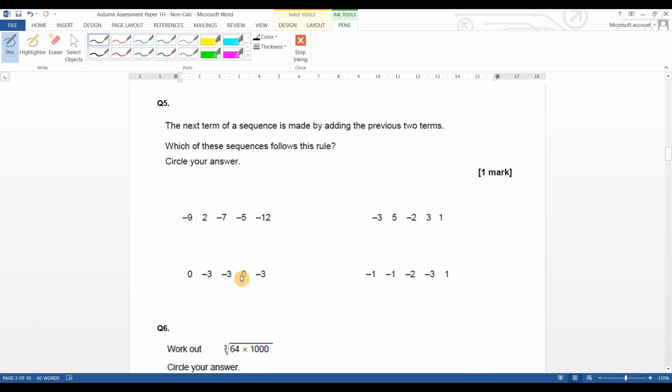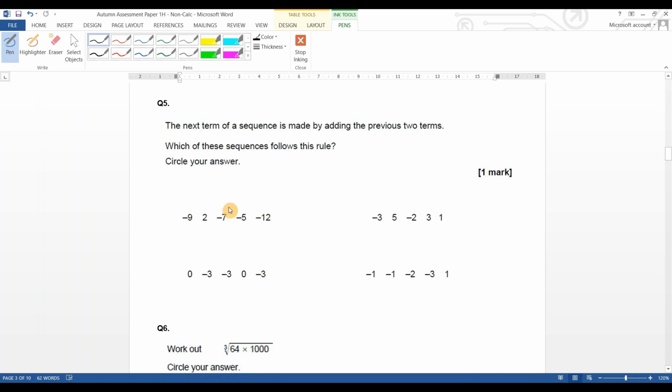No, that's not right either. So that should have been -6 here. So that's not right. -1 add -1 is -2. That's right. -1 add -1. -1 add -2 gives you -3. Yeah, that's right. -2 add -3. That's getting colder. So that's not right either.